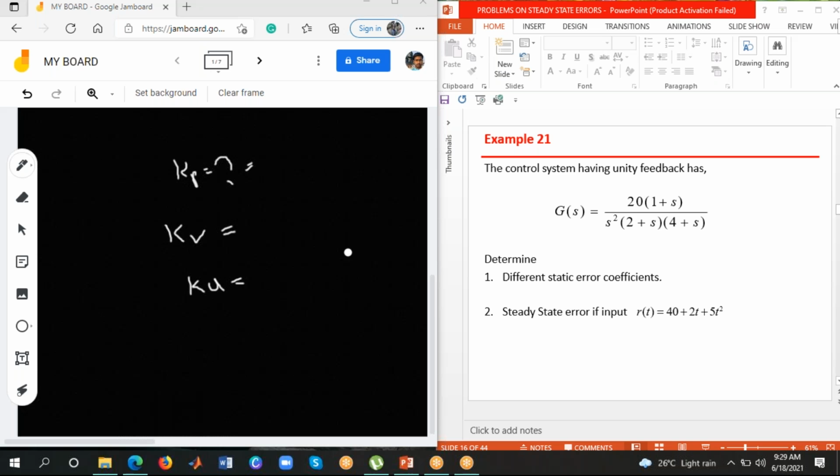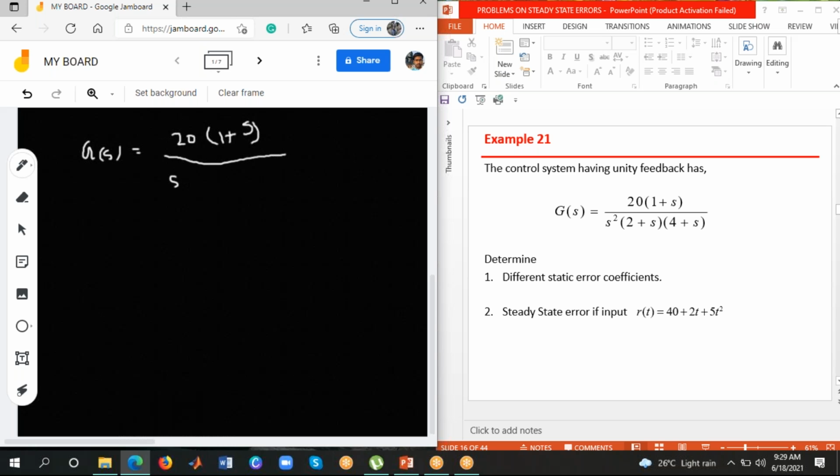Very good. Okay. So I think you are all clear about the steady state error constants, right? Now we'll see the second one, steady state error. First of all, I'm going to write the given parameters. We have G of s is equals to 21 plus s divided by s square into 2 plus s into 4 plus s.